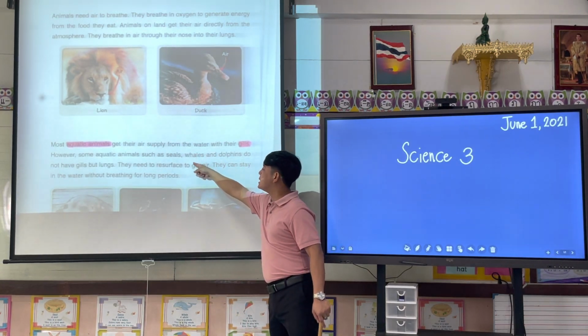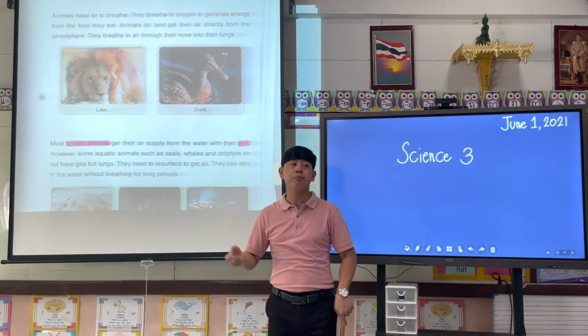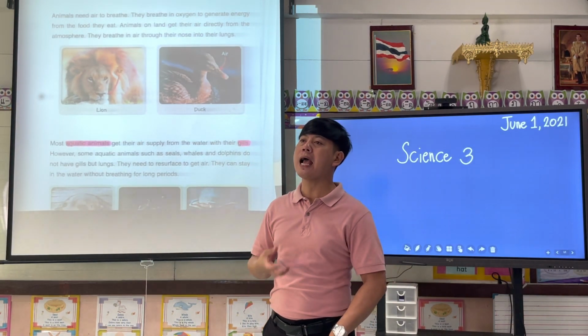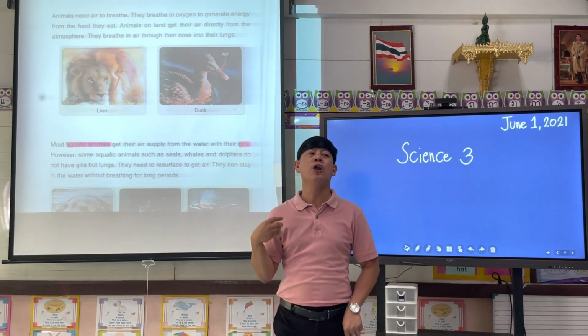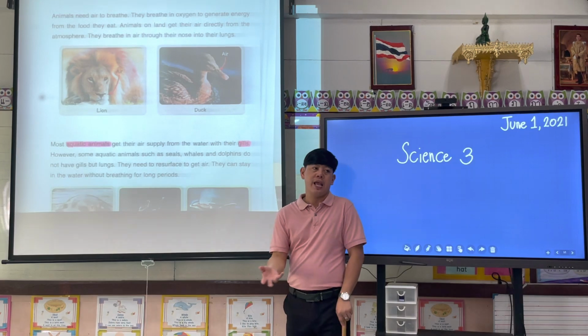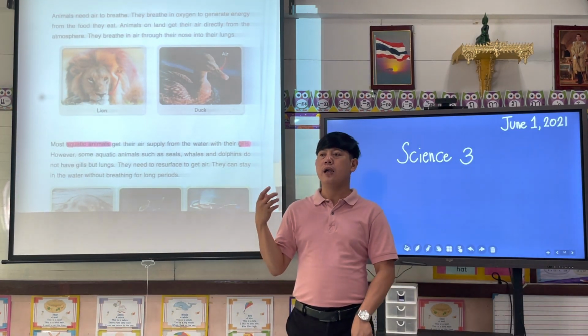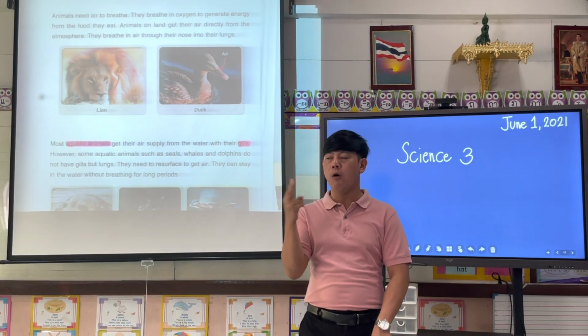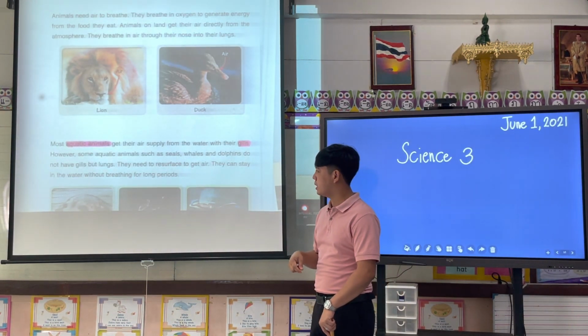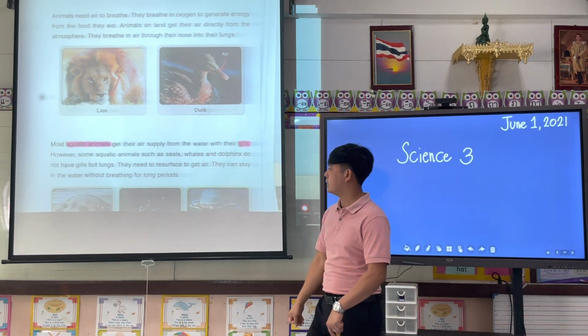They don't have gills to breathe in the water, but they have lungs in order to stay longer in water. It means they can stay in water or on land.